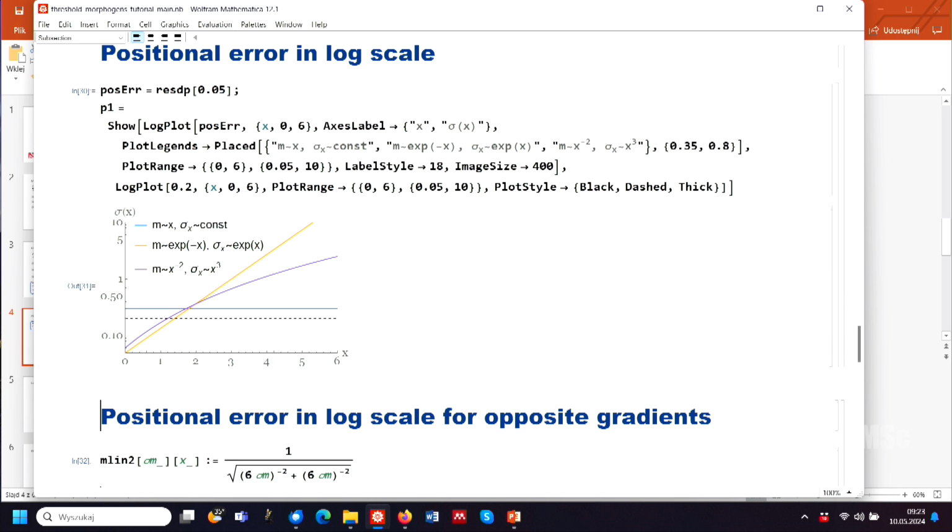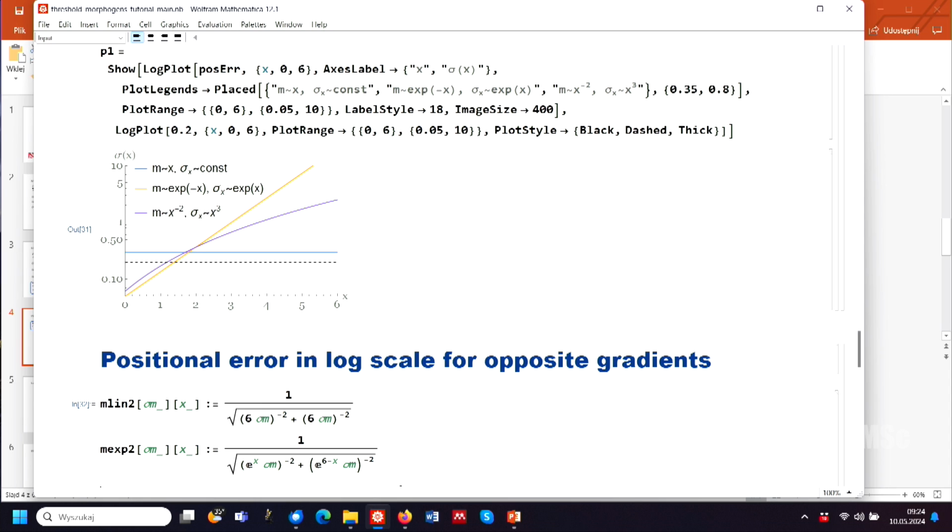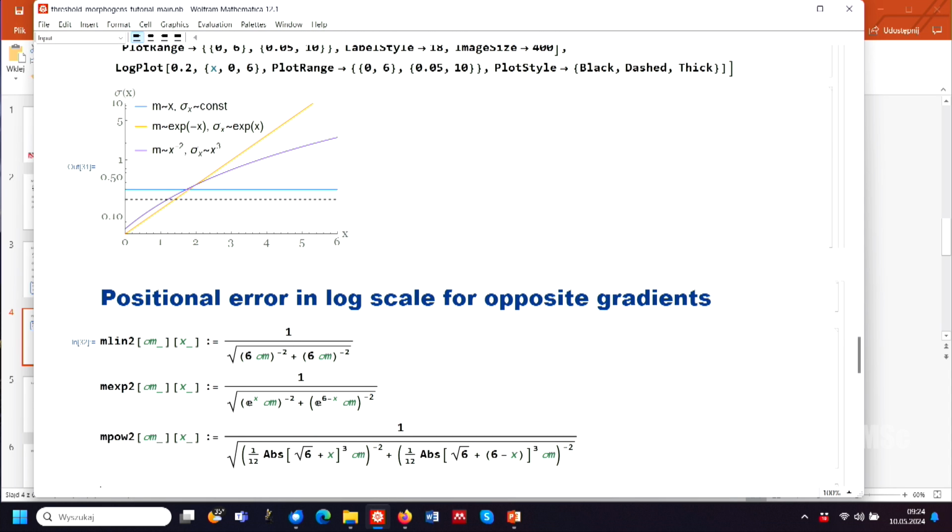And now if we plot that in the log scale, just replotting, you can maybe appreciate that this gets under 1 cell diameter precision. And now let's do the final exercise.